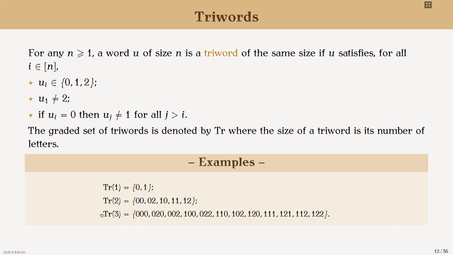The size of a Triword is simply the number of letters of this word. Here I give the first sets of Triwords size by size, for sizes 1, 2, and 3.